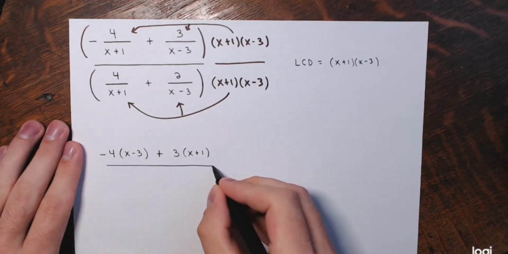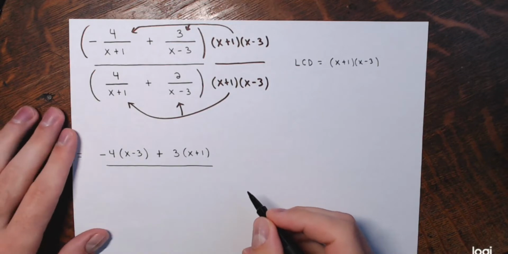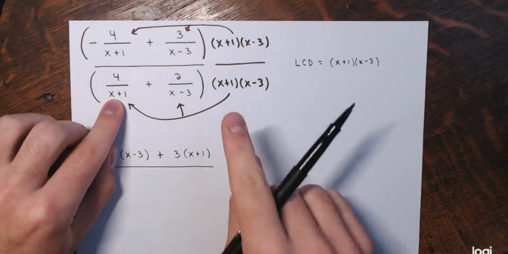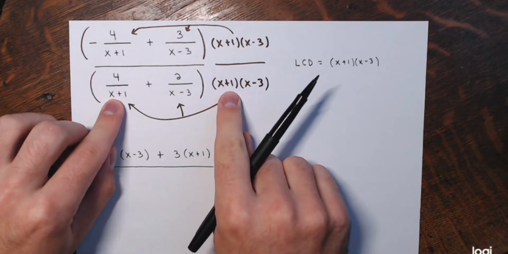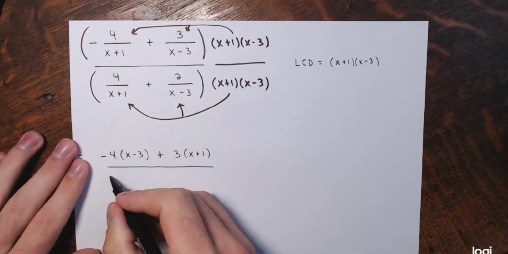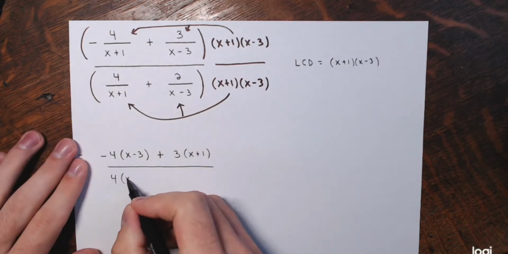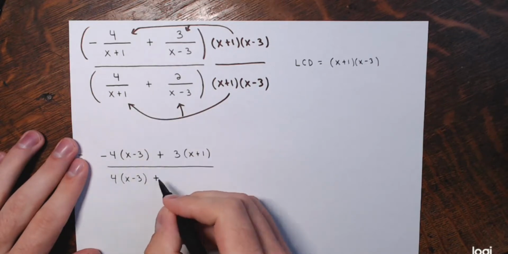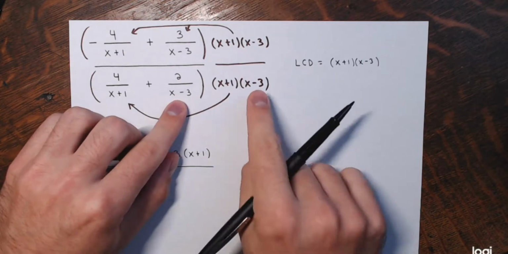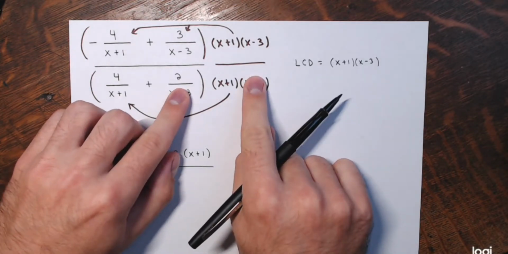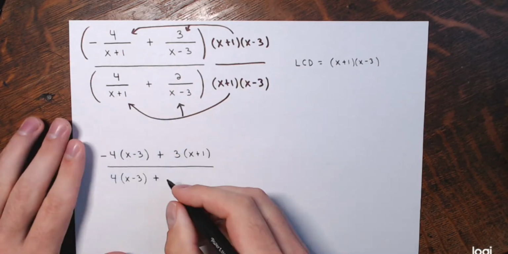Okay, and we'll simplify that in a second. Same thing down here. In the denominator, the first fraction multiplied by the LCD, the x plus 1s would cancel, and I'd have 4 times the quantity x minus 3. And plus the second fraction times the LCD, the x minus 3s would cancel, and I'd have 2 times the quantity x plus 1.